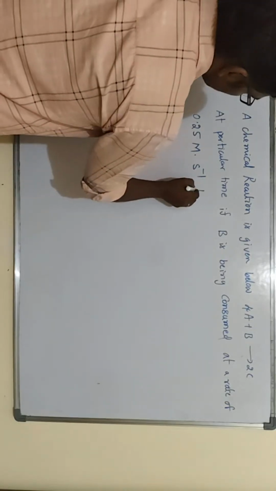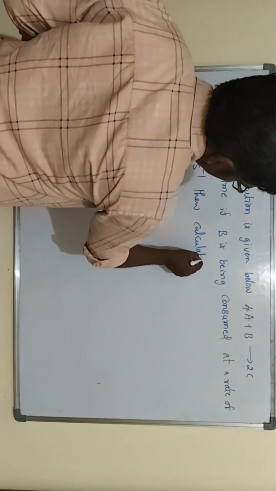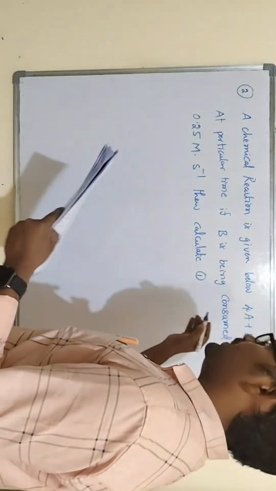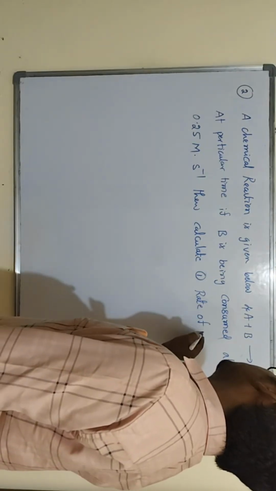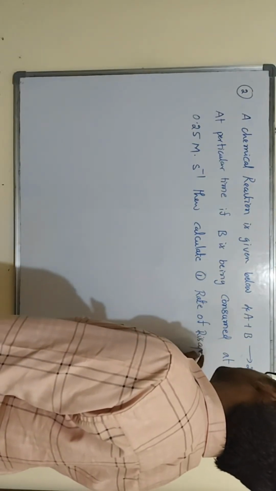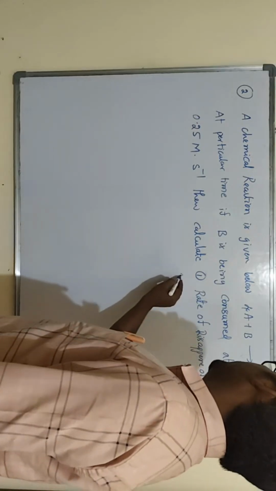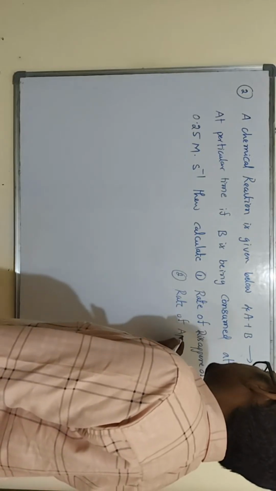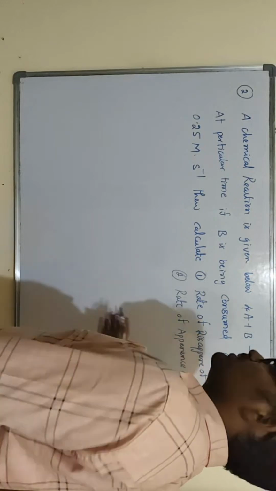Then calculate: number 1, the rate of disappearance of A; number 2, the rate of appearance of C. So this is the question.